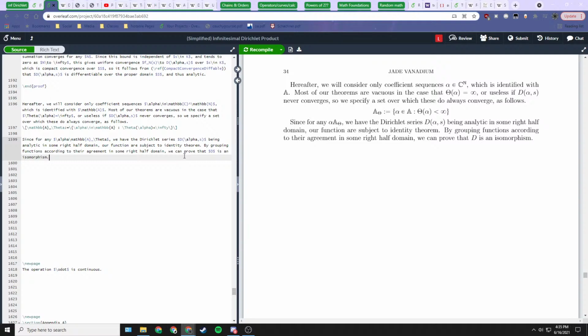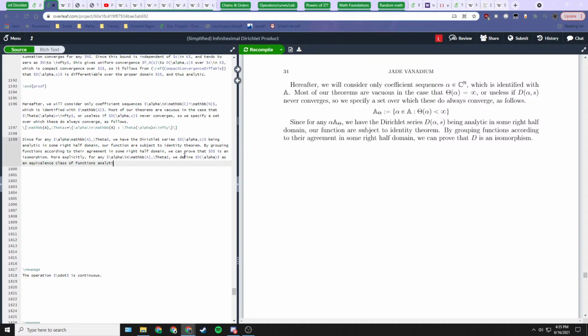We want to be more specific about that. So more explicitly, for any alpha in A sub theta, we define D of alpha as an equivalence class.